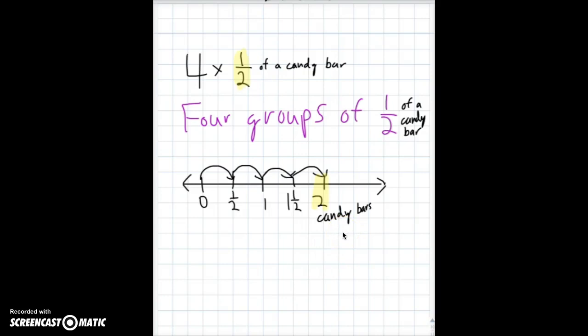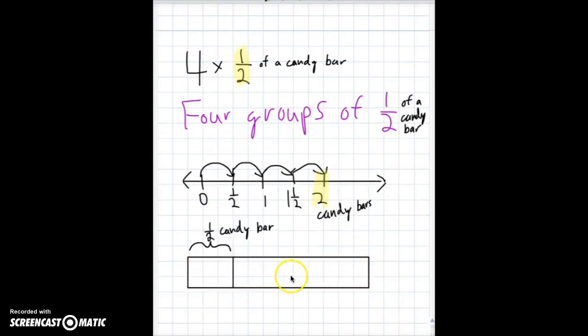Now, let's think of a similar but different multiplication problem. Actually, before we do that, we need to draw a diagram of what 4 groups of 1/2 of a candy bar looks like.